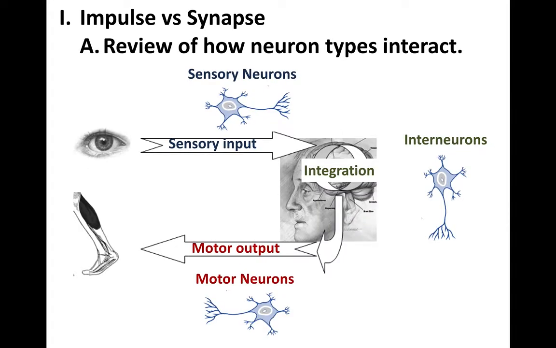Okay, so before we go over the difference between impulse and synapse, we need to know why synapses happen. Just reviewing how neuron types interact, there are three major classes of neurons, and they're not always used in all interactions between neurons, but they're often used. Our sensory neurons are the neurons that pick up information.